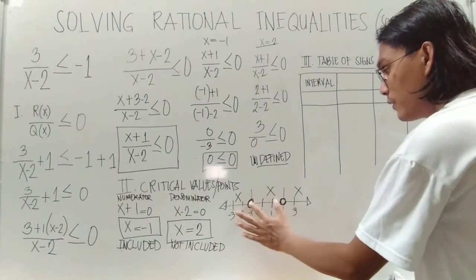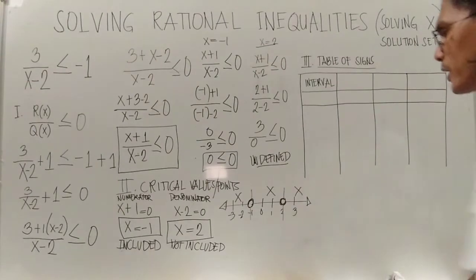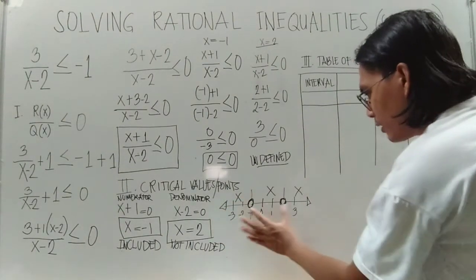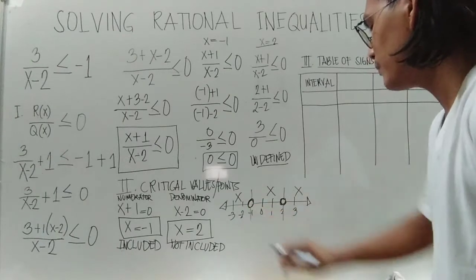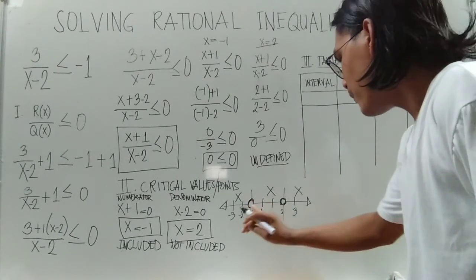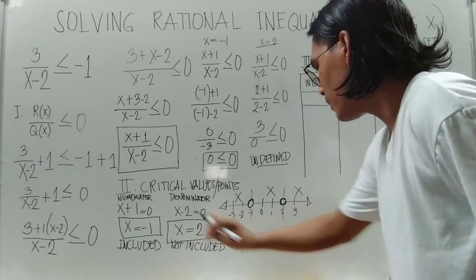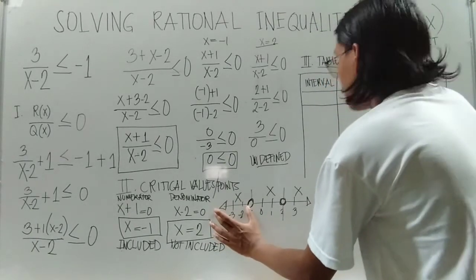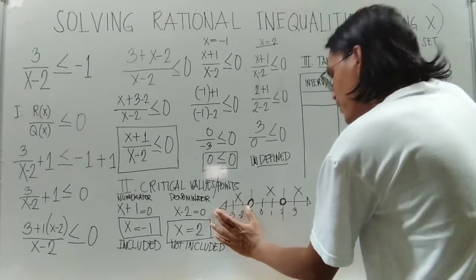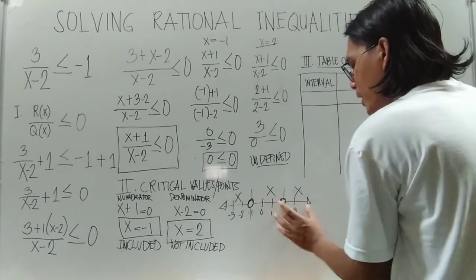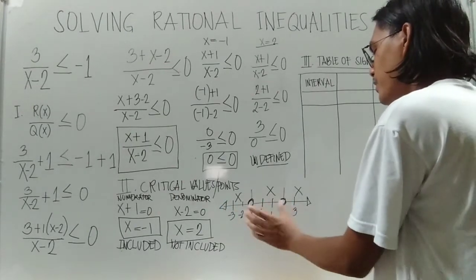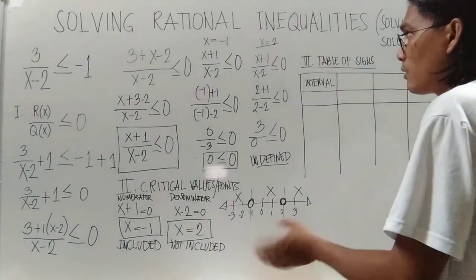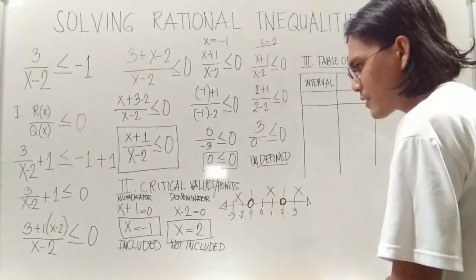So these critical values separate your line graph into 3 intervals. Let's focus on this first interval. These are the possible values of x, or possible values of your solution sets, because we have 3 sets in here. Let us try to prove whether the sets or values are the solution sets of the rational inequality.